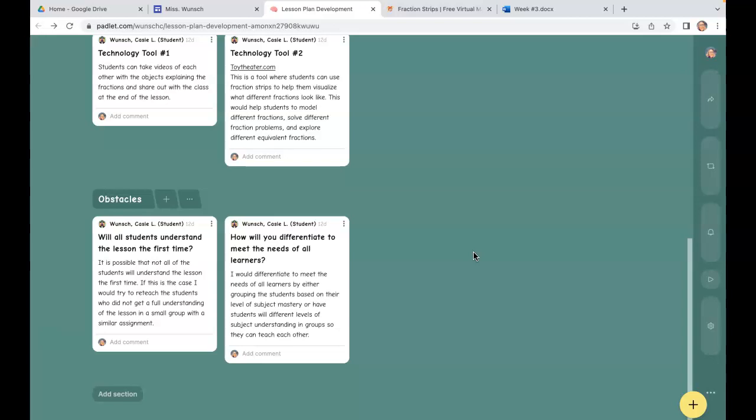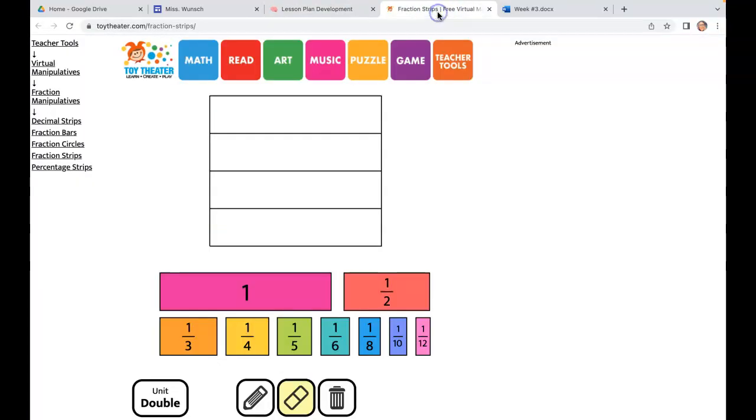So for the technology piece, I wanted to show the toytheater.com website, which is a pretty cool website that would help the students to be able to see how different fractions are equivalent.